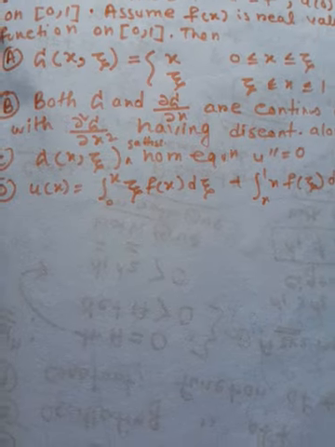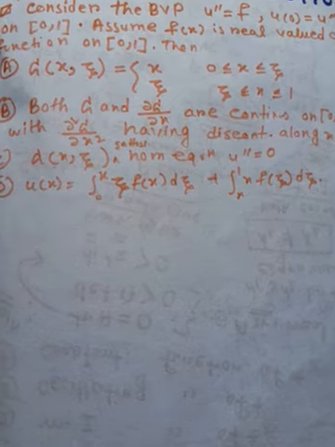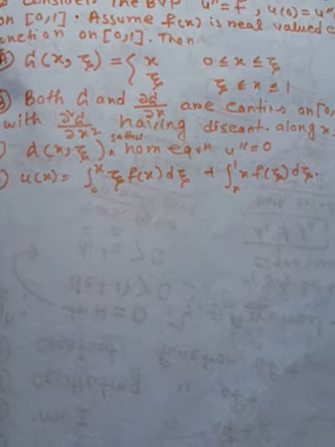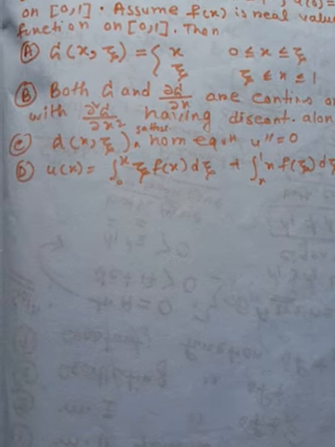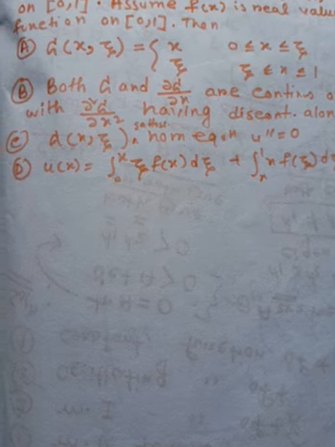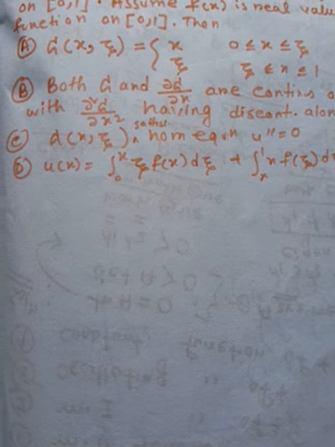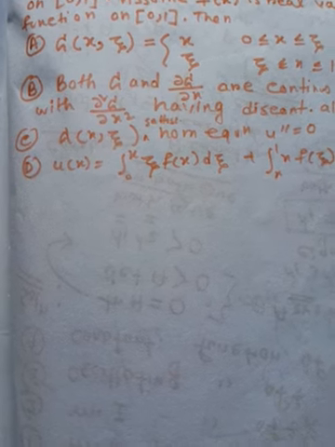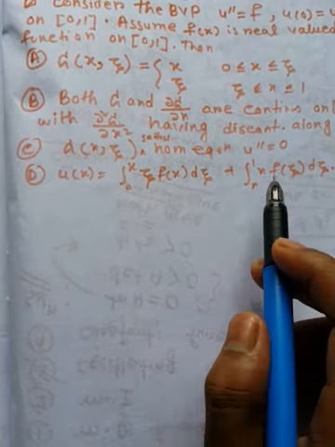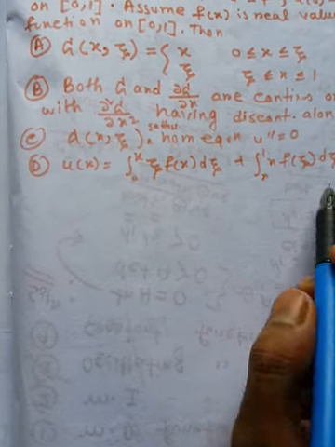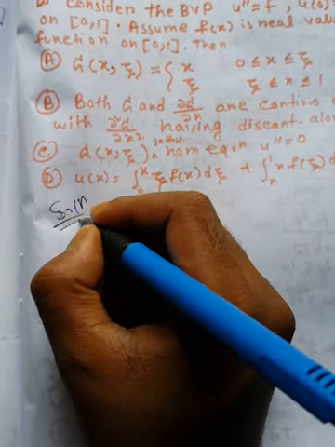Option B: both G and del G del x are continuous on [0,1] cross [0,1], with del 2G del x2 having discontinuity along x equal to xi. Option C: G(x, xi) satisfies the homogeneous equation u double dash equal to 0. Option D: the solution u(x) is given by the integral 0 to x of xi f(xi) dxi plus x to 1 of x f(xi) dxi, right?